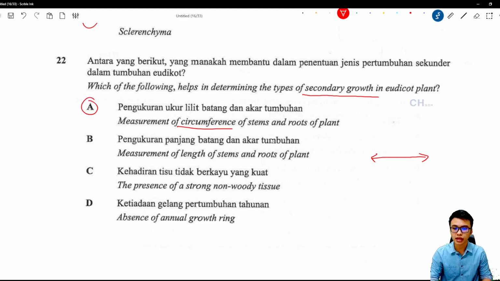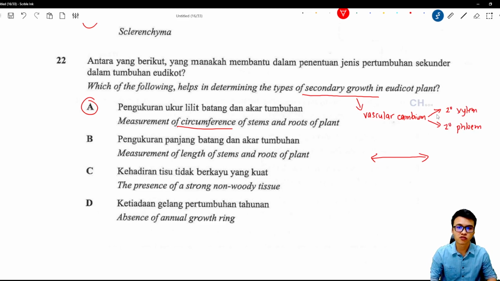So the answer here should be A. Normally when we talk about secondary growth, it is related to the vascular cambium that produces the secondary xylem and secondary phloem. The production of secondary xylem and secondary phloem can increase the diameter of the eudicots. So you need to measure the circumference of the stem and the roots of the plants.